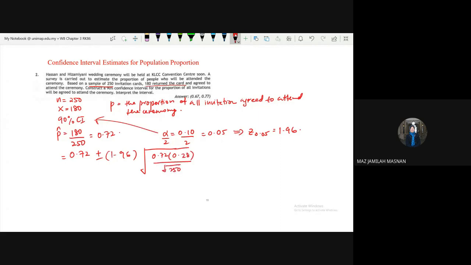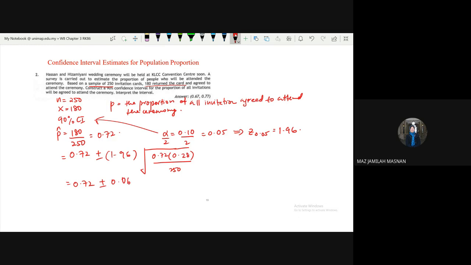So you will have 0.72 plus minus the square root of 0.72 multiplied by 0.28 divided by 250, which is 0.028, multiplied by 1.96, so you will get 0.06.